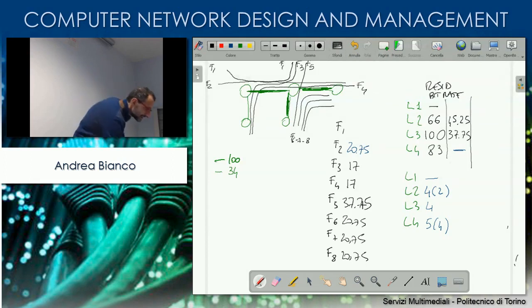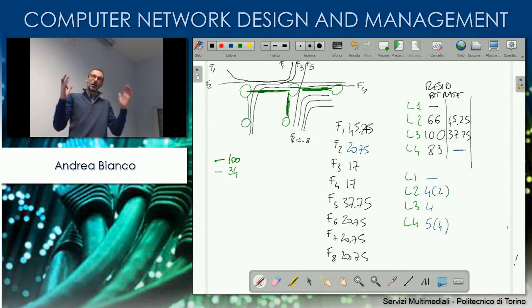In this trivial example, we are saturating all of the links. Is it clear? So you start increasing all of the flows. When your first link saturates, you fix the rate of all of these flows sharing that link, and then on the residual part of the available capacity on the other links, you keep increasing, another link will bottleneck, you fix them, and so on and so forth.